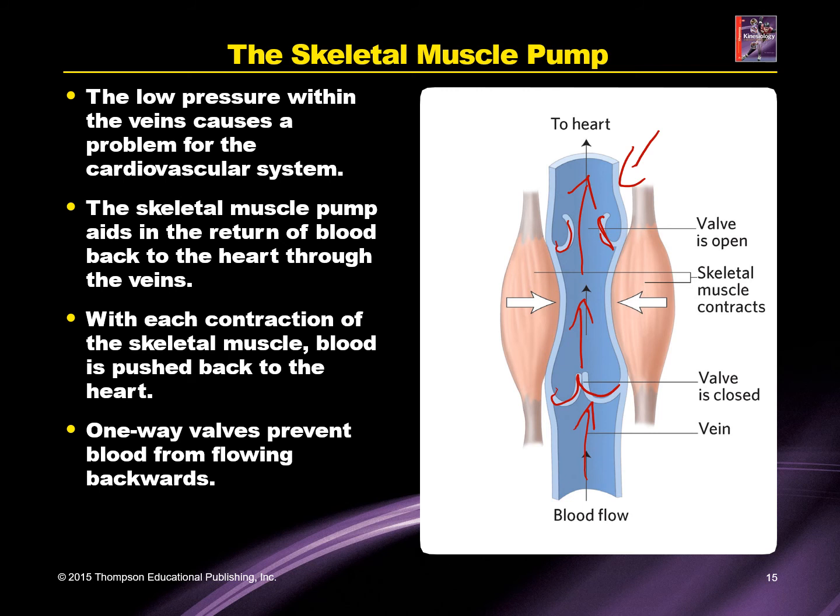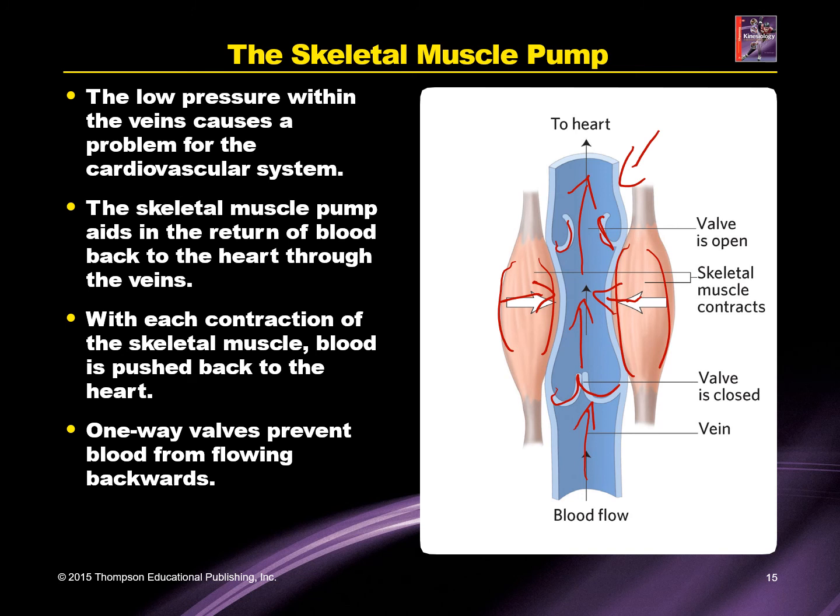And all of these veins are surrounded by muscles right here. Here's muscle 1, muscle number 2. So the skeletal muscle pump is whenever you move your muscles, whenever you contract your muscles, these muscles squish the vein. They make it narrower, and it forces the blood to move. Think about a balloon filled with water, and when you squeeze it, that water moves.